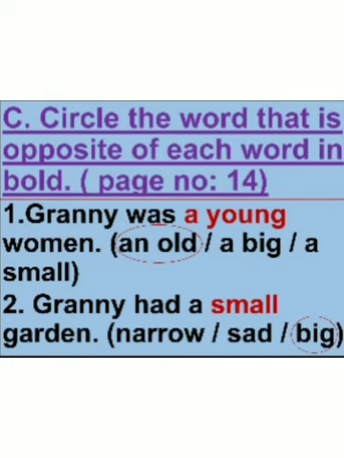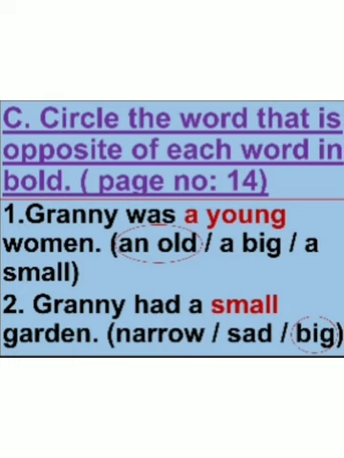An. As you can see in your textbook, it is already mentioned and given to you here. An old. Yes? So please take your pencil and put a circle around an adjective. Got it, children? In the same manner, we will do the rest of the sentences.